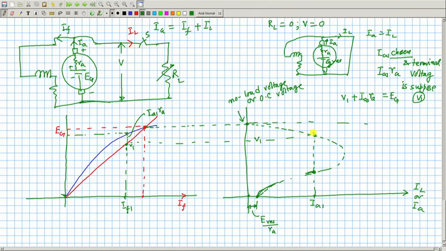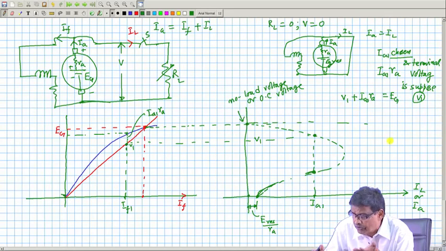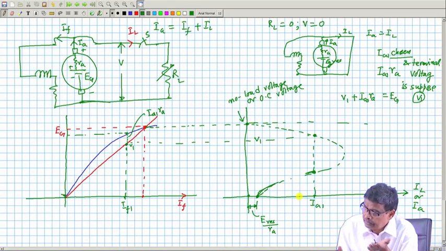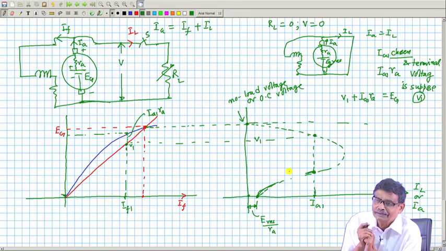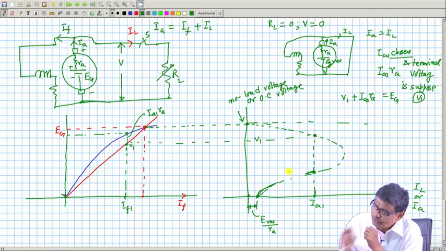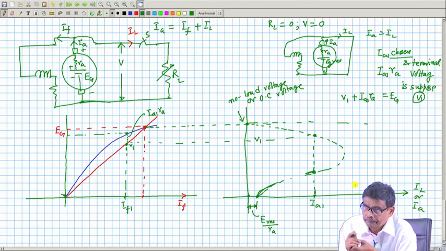I have to think in that way, no other way, because this characteristic somehow has to bend and come here. And then for a given armature current, if you draw a vertical line, two terminal voltages may be there, of which I have taken one, V1 and IA1 RA. Now the question is, what about this point?